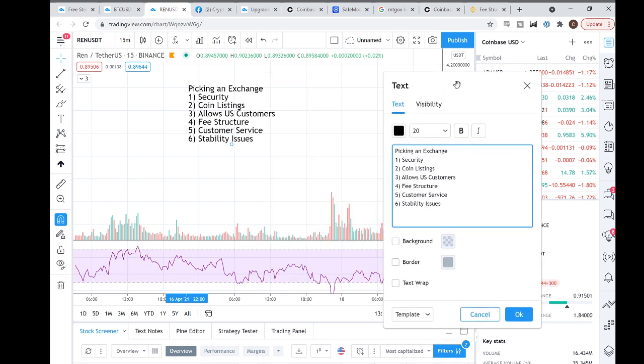Stability issues is a big one because whenever the market goes up and down very rapidly, and a lot of people are trying to use exchanges, a lot of servers crash, and a lot of these exchanges will completely become unusable. You may even end up having sold coins you had no intention of selling, or bought coins you had no intention of buying at that price, because their servers are just not able to handle that amount of pressure.